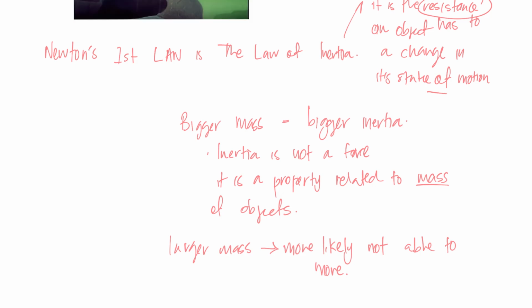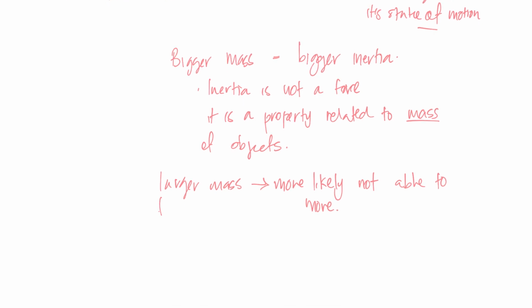We use the quantity of mass to measure the amount of inertia an object has against a change in motion. The more mass an object has, the more force it will take to change its state of motion.